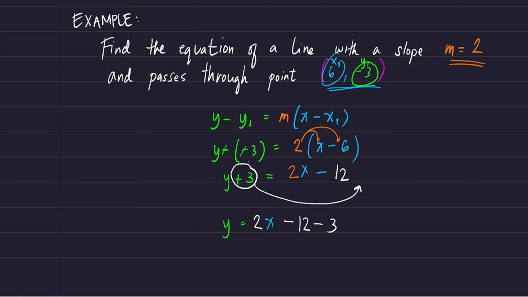Notice that we are combining negative 12 and 3. And negative 12 minus 3 is equal to negative 15. So, ang ating equation of a line is y is equal to 2x minus 15. And this is the final answer.